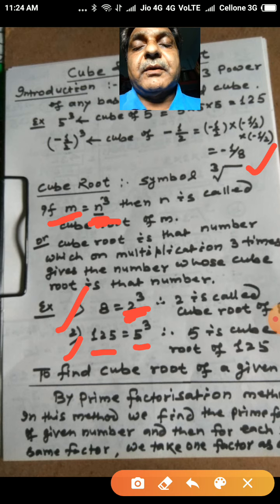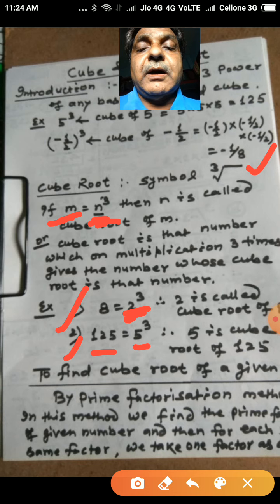The procedure is: for the given number, first of all we have to find its prime factors, and writing all prime factors, in the next step we arrange these prime factors in power 3, that is, in cubic form, and if all are in cube form, then take one factor for each group of 3 factors as the cube root. So that will give the answer of the cube root.